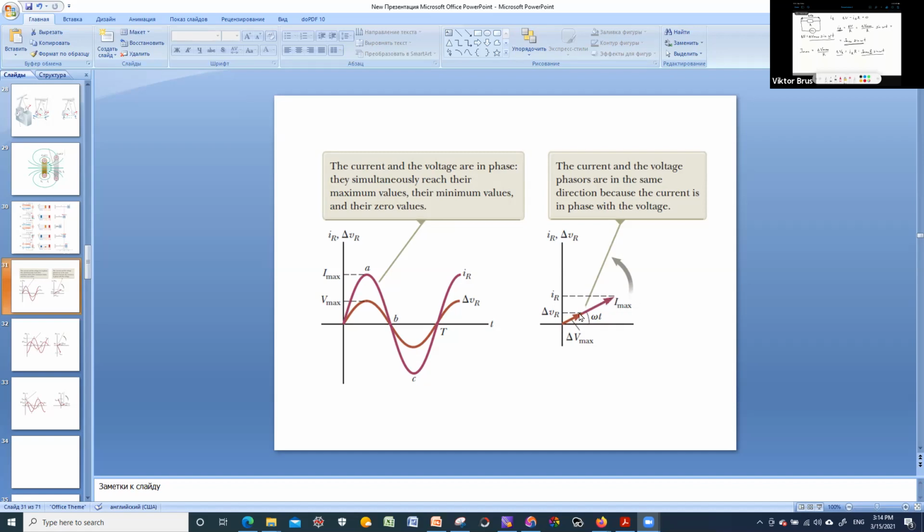So they are always oriented with respect to, for instance, a horizontal line, in the same direction. So there is so-called the same phase of current and voltage. This is the feature of behavior, some specific behavior of active resistor in a circuit of alternating current.